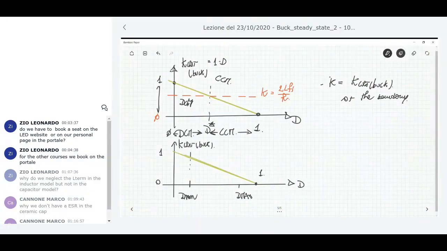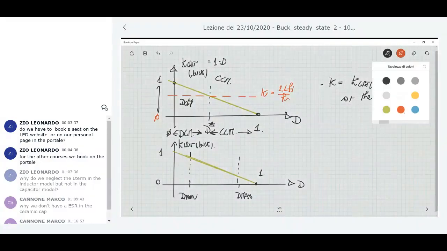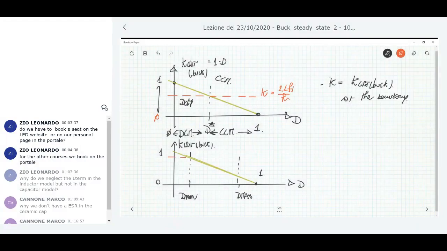So if you want to stay in CCM for, let's say, the variation of the duty cycle between the minimum and the maximum duty cycle, of course you have to choose a value K which is higher than this intersection point.